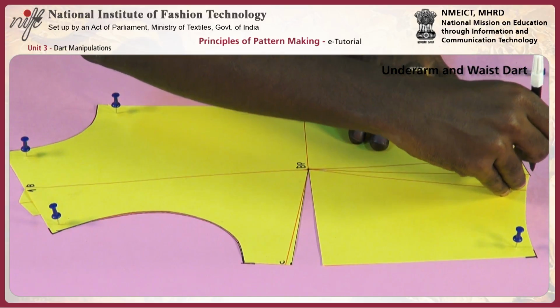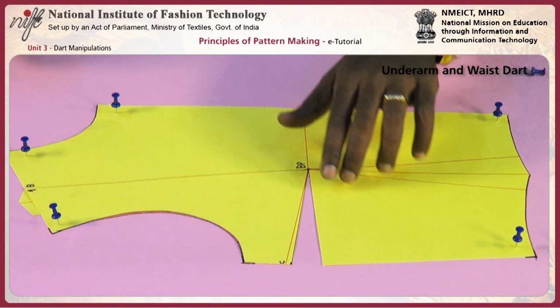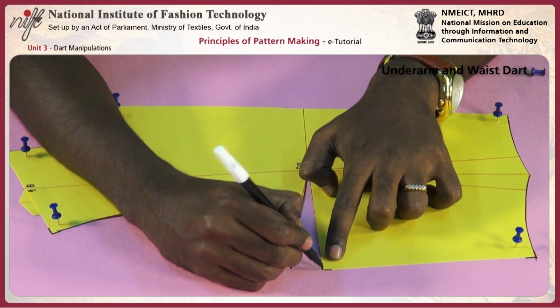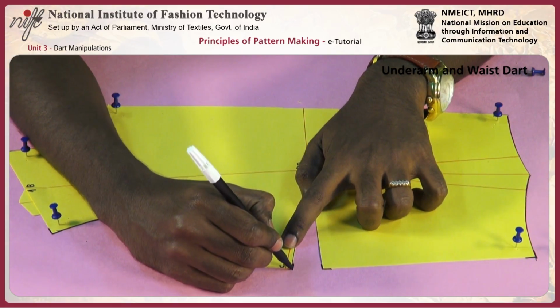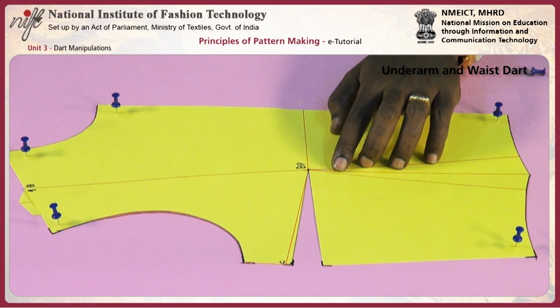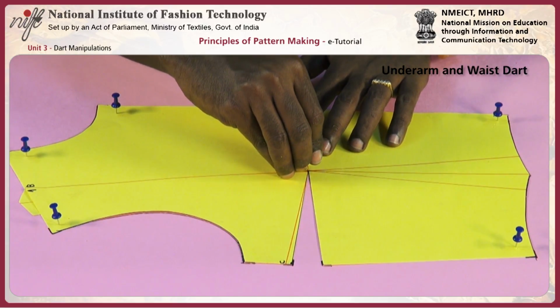draw the waistline, then make the L mark for the underarm dart. Mark the bust point.